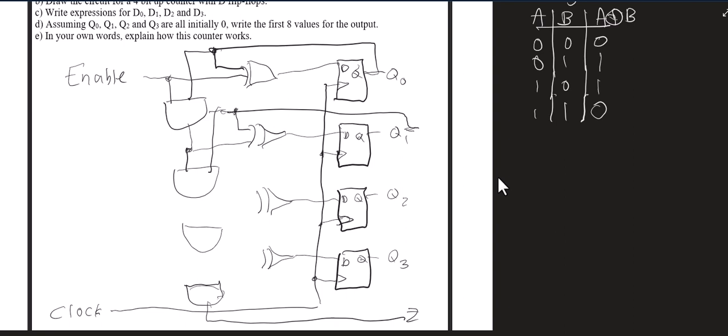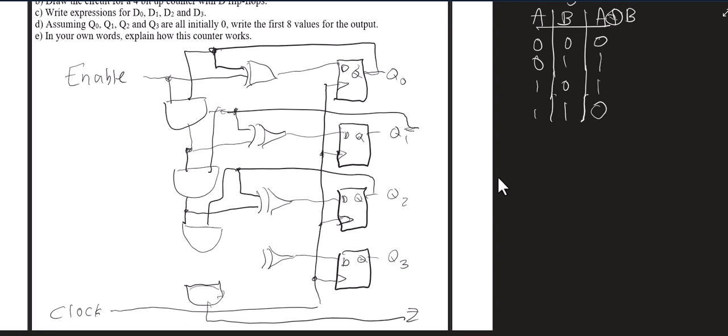Now the output from this AND gate is going to go to the next AND gate. It's also going to go to this exclusive OR, and like before, this is going to come back around and be an input into the exclusive OR, and it will be the other input into that AND gate.